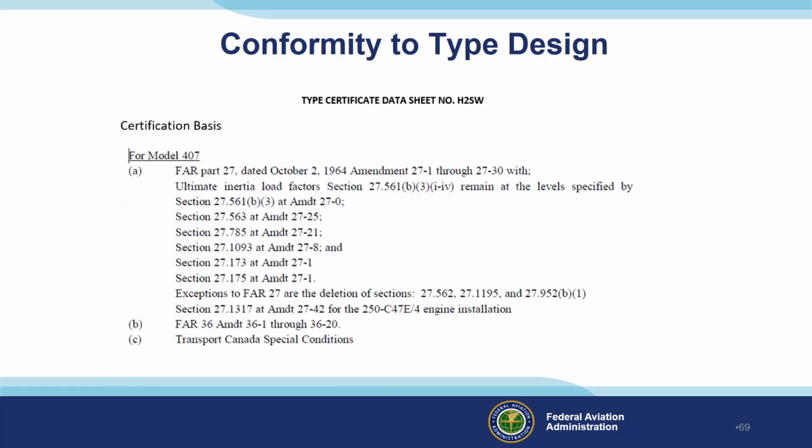Here is an excerpt from the type certificate data sheet for a Bell 407. Notice it says it's FAR Part 27.